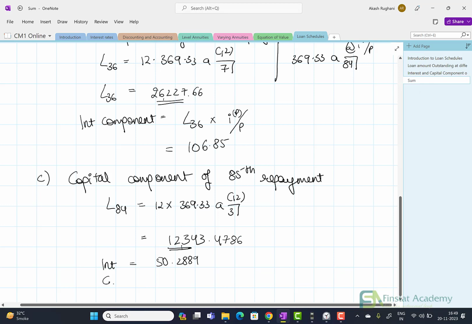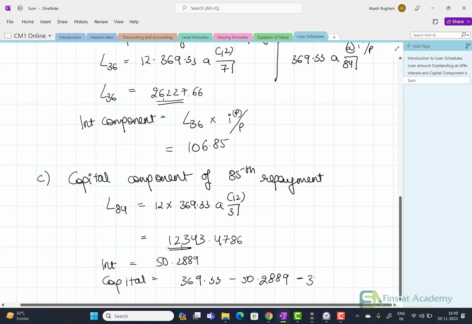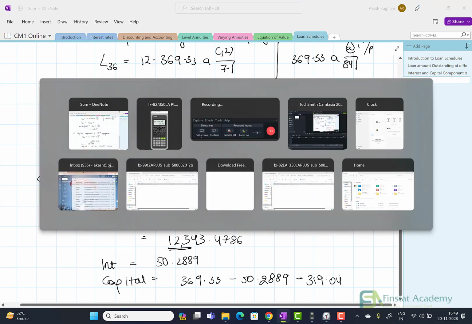Yeah, therefore my capital component will be my installment amount minus the interest. So 369.33 minus 50.288, which is 319.04.